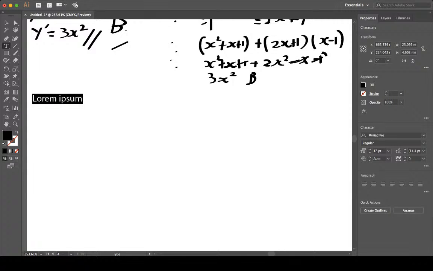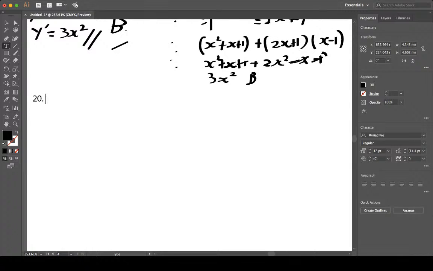The answer choices I was given are all separated, not like multiplied. So I don't really like it, but let's just do it in two different ways.